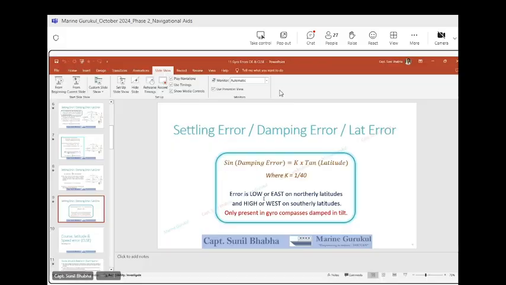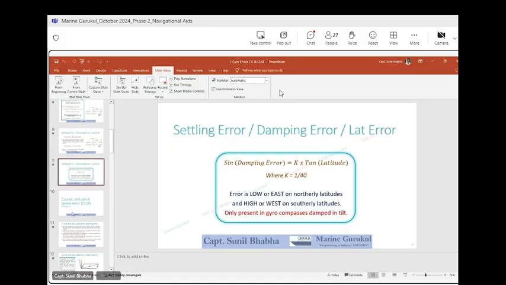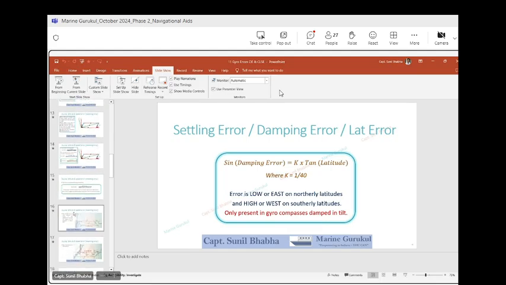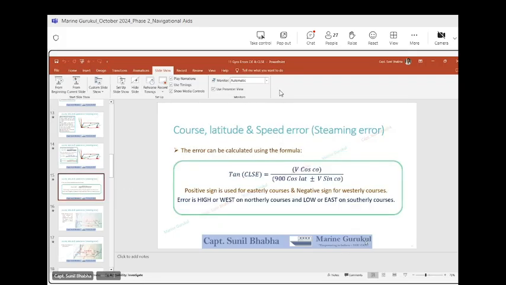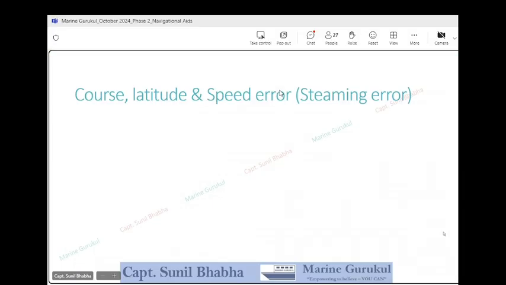So let me now give you a recap of the steaming error formula also. You must have seen that in the video, but let's give a recap. Let me now take you to the final formula which can be used in any of the quadrants.